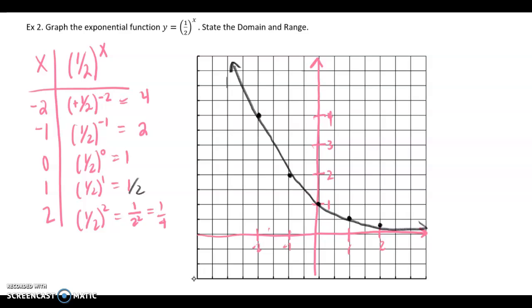So this is my graph, and my domain again is going to be from -infinity to infinity, and then my range, it's never going to go underneath the x-axis, so that's going to be from 0 to infinity.